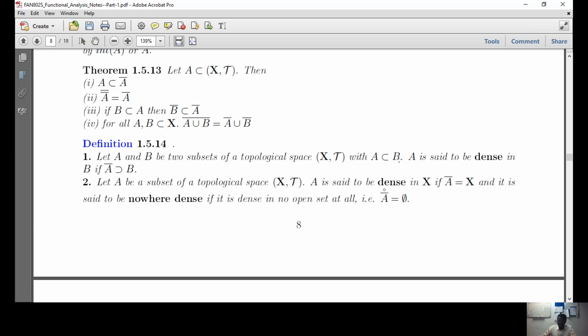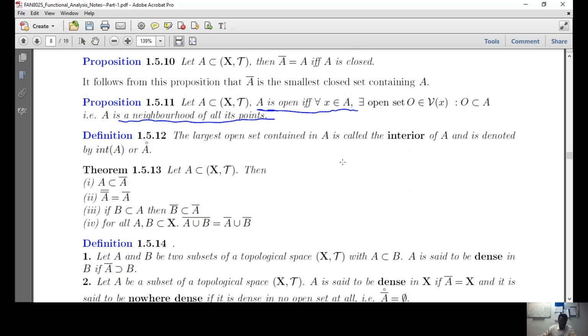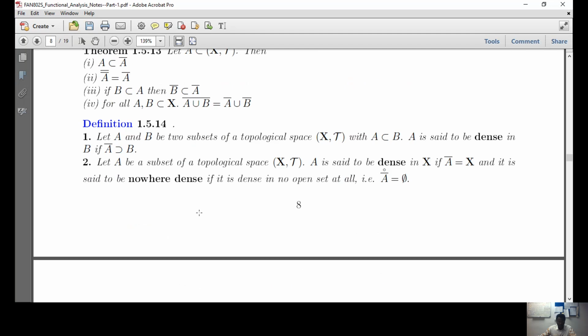Because if A is contained in B, the closure of A is contained in the closure of B, the closure of B being equal to B if and only if B is closed. So if you look at this result, this theorem, you can see that if B is contained in A, then the closure of B is also contained in the closure of A. But we know that if A is closed, that closure is equal to A. Right. Good.